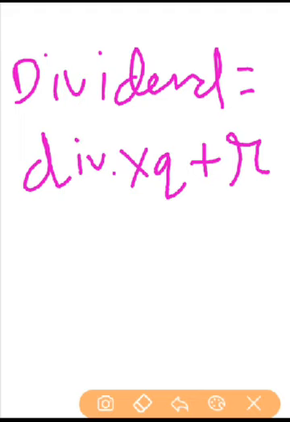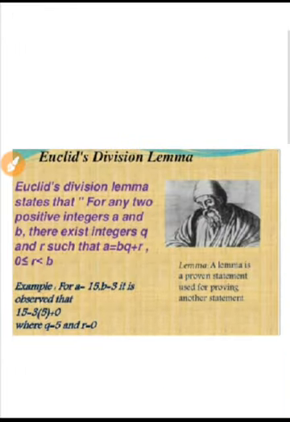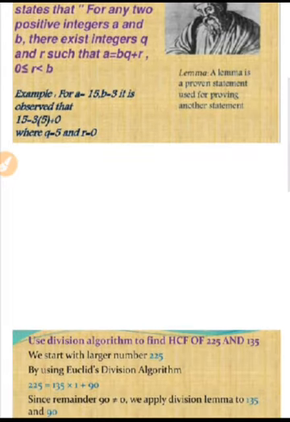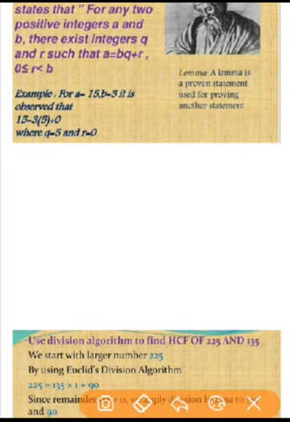A Greek mathematician, Euclid, used this method to find the HCF of two positive integers. He used this formula for that, and that is called Euclid's division lemma. What he suggested is that suppose we have two positive integers, a and b, and we divide a by b.